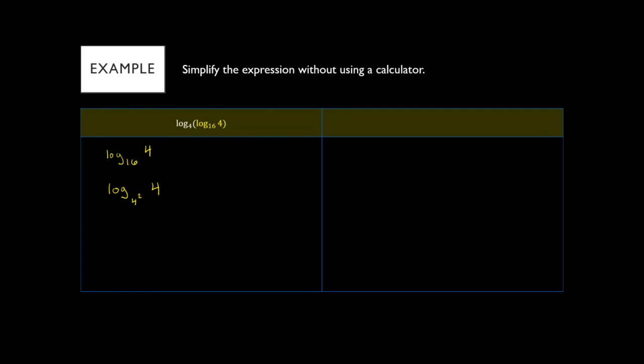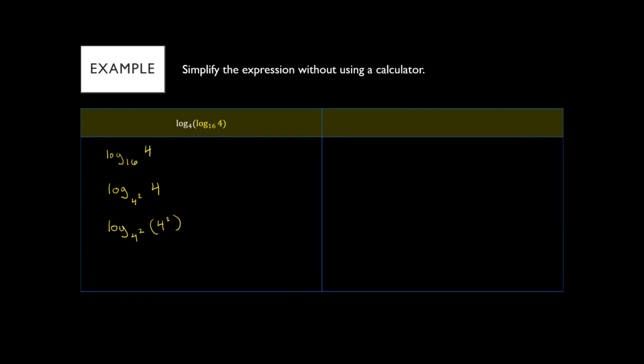So we're looking at this, and I can try to rewrite this 4 as 4 squared to some exponent that is going to get me back to the 4.